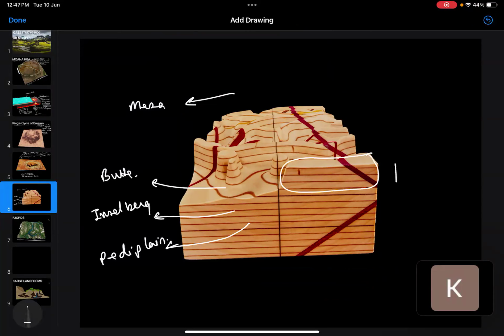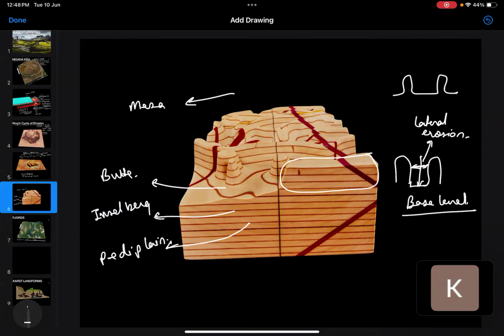And after this, there was lateral erosion and vertical erosion. So vertical erosion stops after achieving the base level. After it has achieved base level, there is dominance of lateral erosion. Okay, so with respect to the lateral erosion, these landforms move apart.